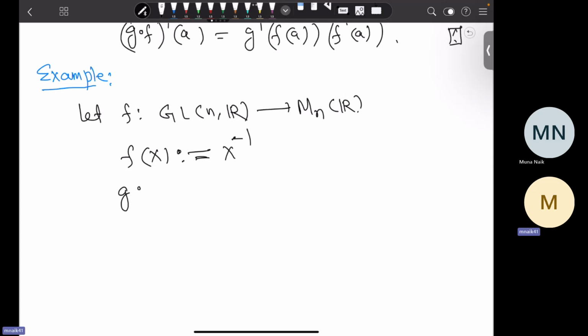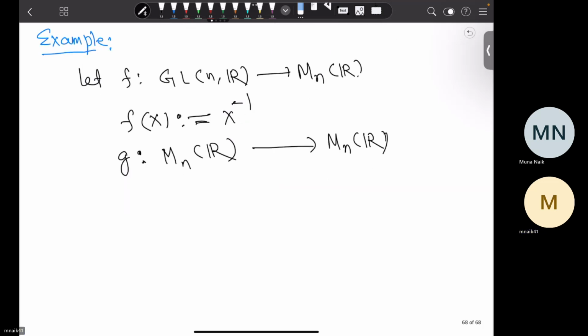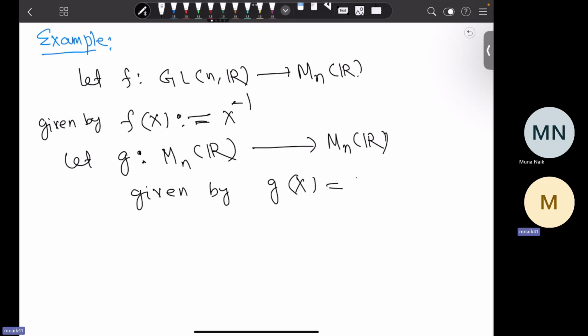And similarly G, which is a function from M n R to M n R, given by G of x is really x squared.